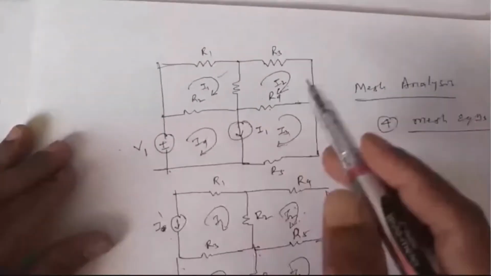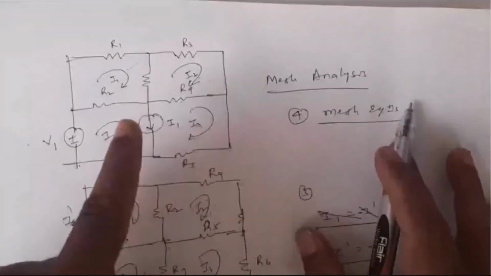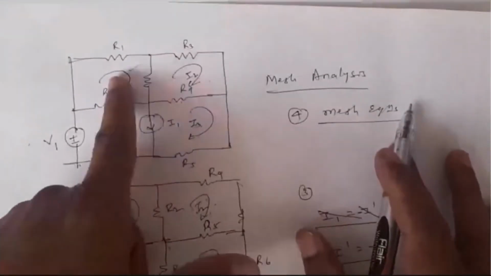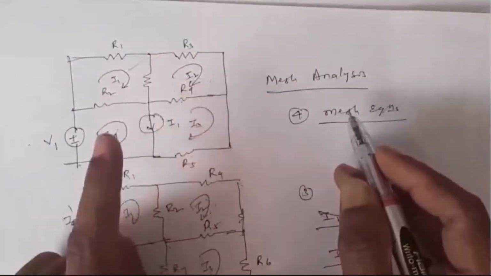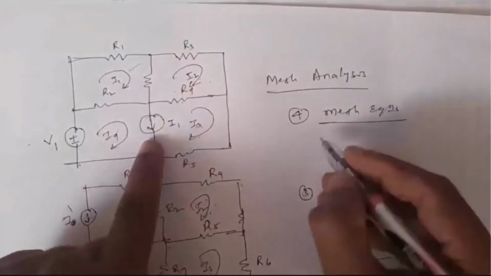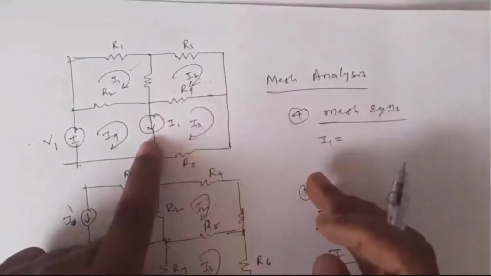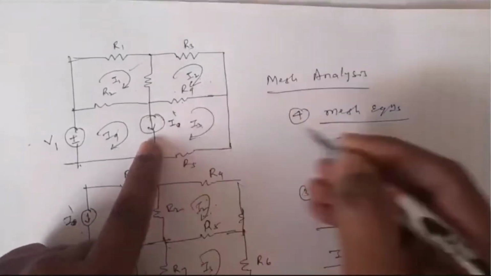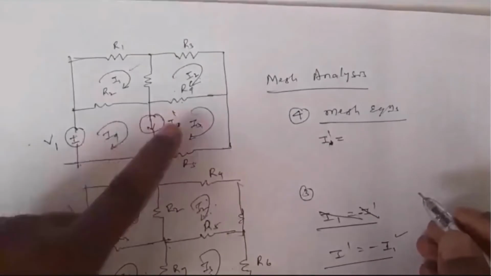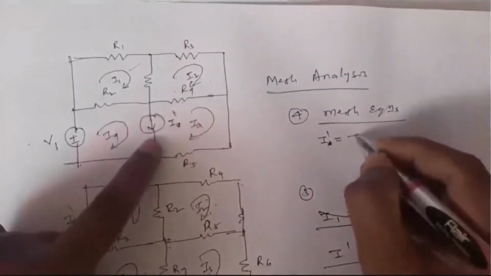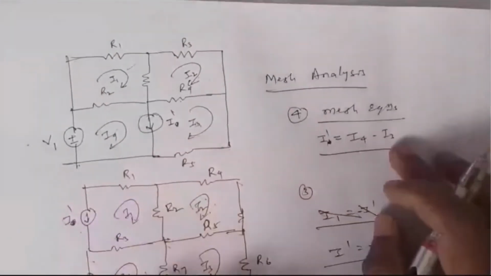For that purpose, one current equation we can easily get. Two mesh equations we'll get here, 1 and 2, and one more equation: I dash is equal to the sum of this current and this current, that is I4 minus I3. This is one more equation which we can get.